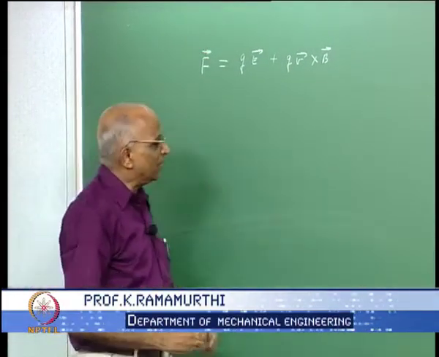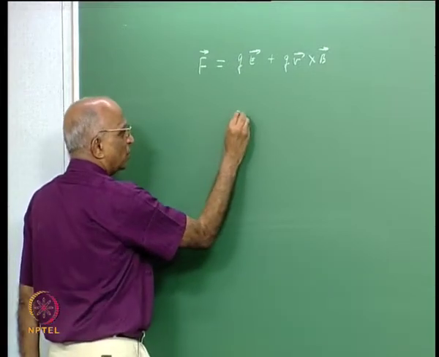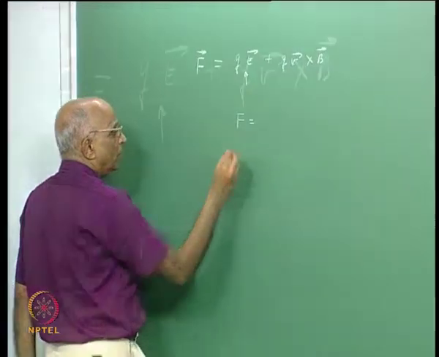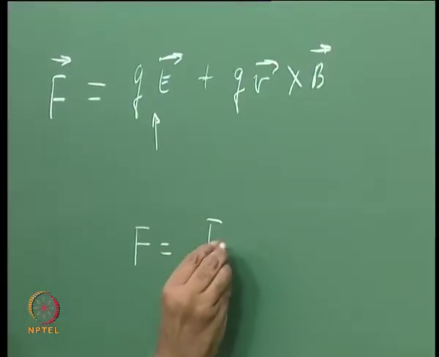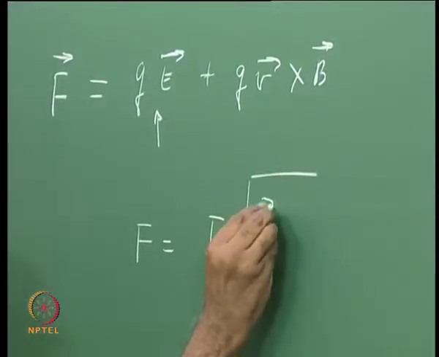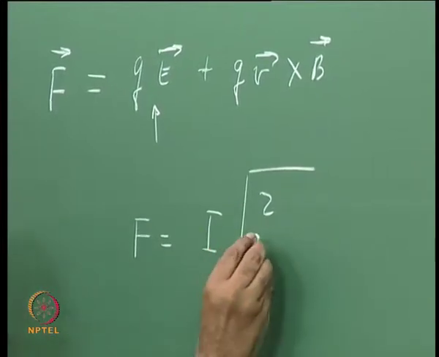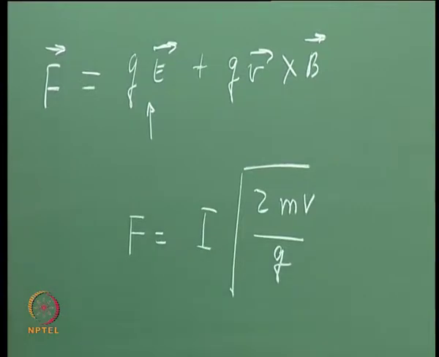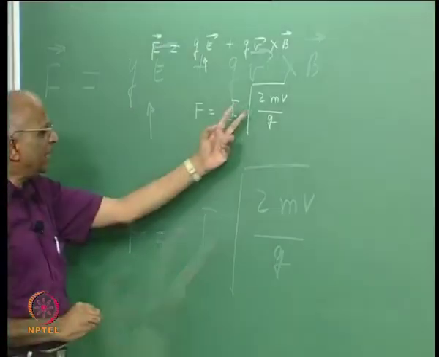We continued with this and we found that the force we could get in the case of the electrical field could be written as the current into something like the square root of 2 into the mass divided by Q, into the square root of the voltage. And how did we get this?